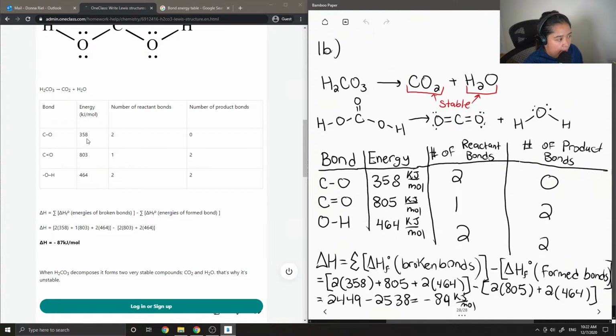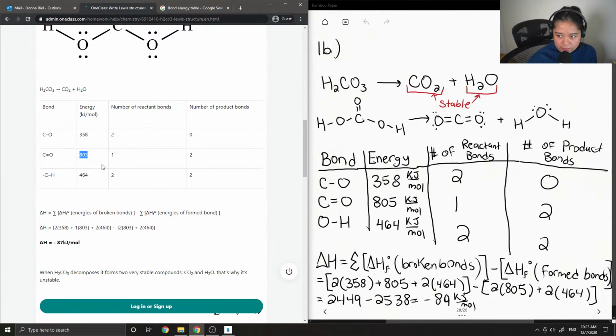Part B, they wrote out the helpful table to help solve delta H: 358, 803, 464. So it depends on what book you use as a reference. The table that they had has 803 instead of 805, but it's pretty similar. So depending on what you use as a reference, you might get slightly different values.